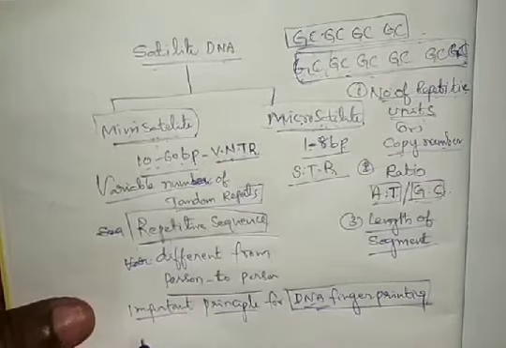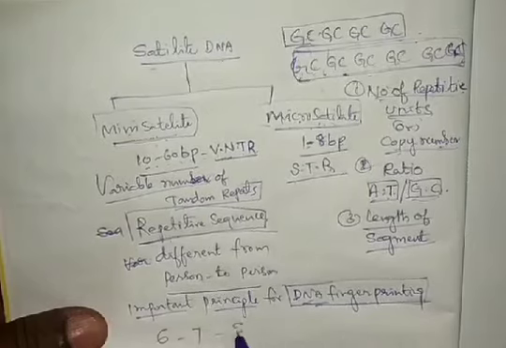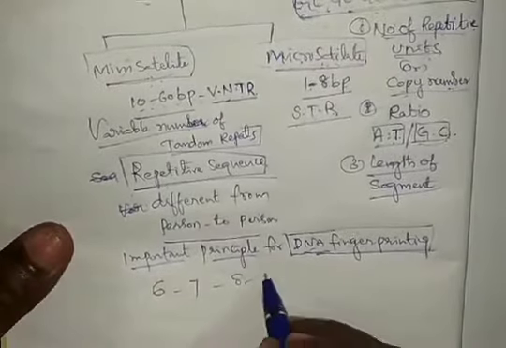A particular person has a repetitive sequence of 6 or 7 or 8 or 9.